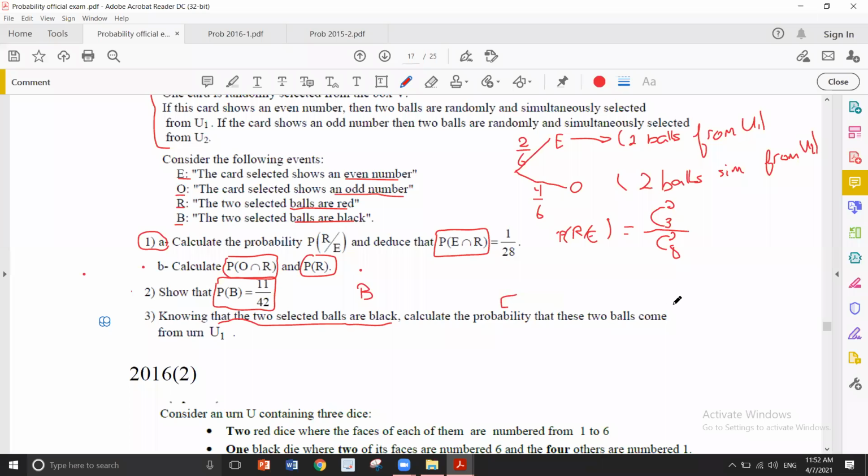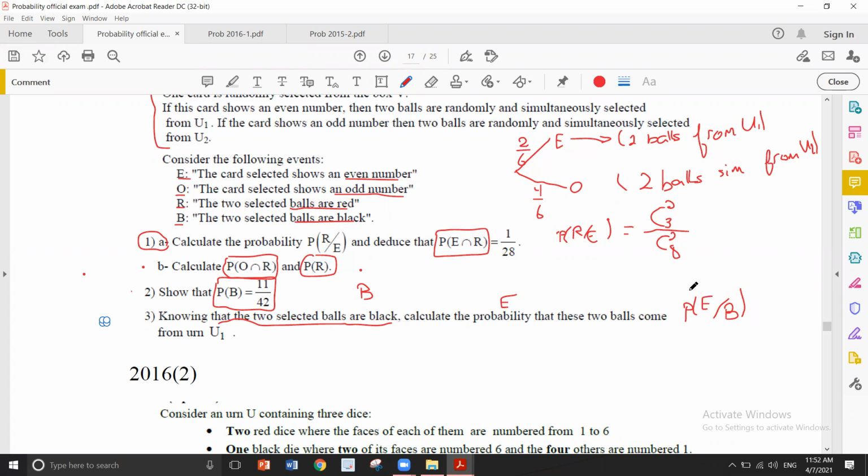Okay, so what are we going to calculate? The probability of a what? Conditional. 2 black balls from U1. So knowing that the selected balls are black, I put black here, and here I put E. What is the rule?